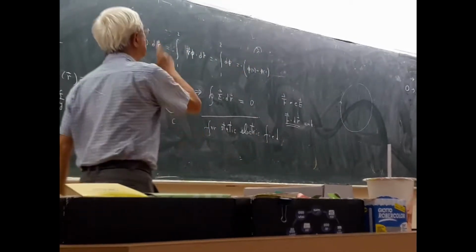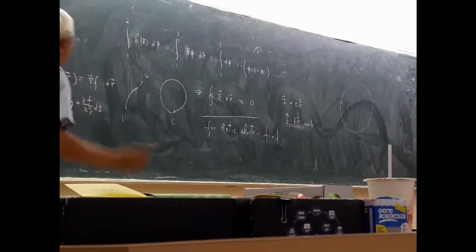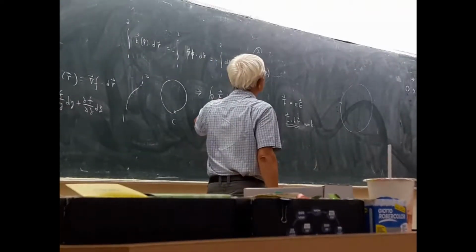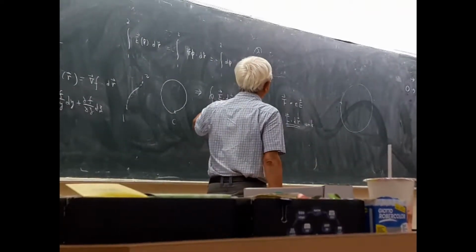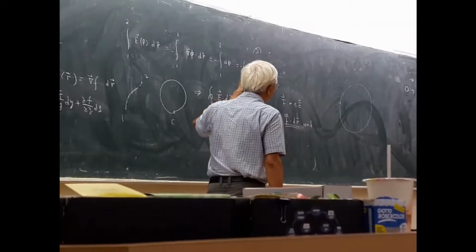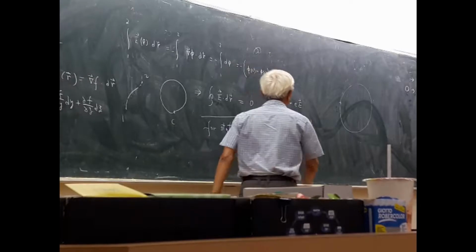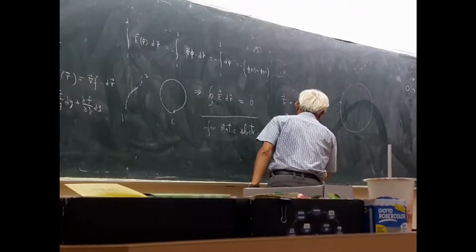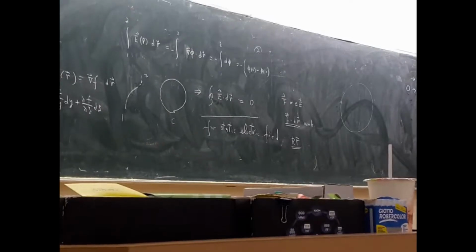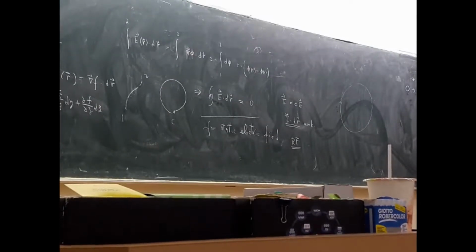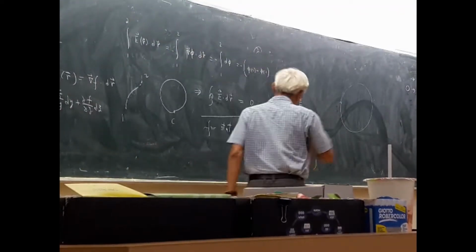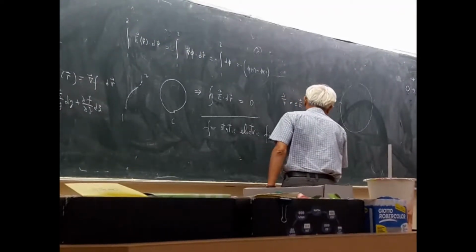This means that you cannot accelerate an electron in a closed orbit by a static electric field. You have to use a time-dependent radio frequency, RF, source.